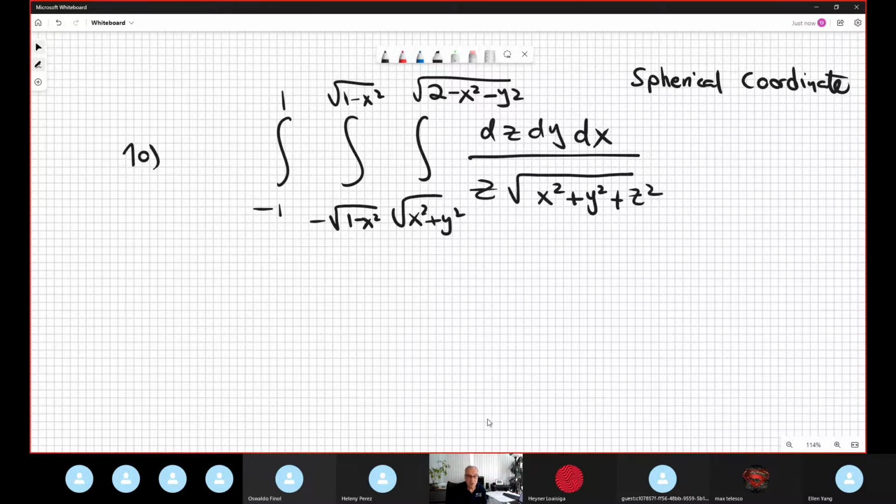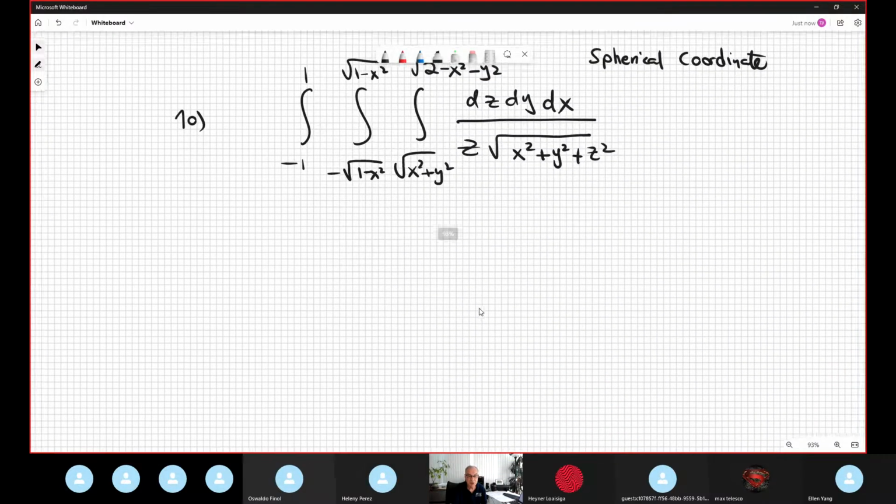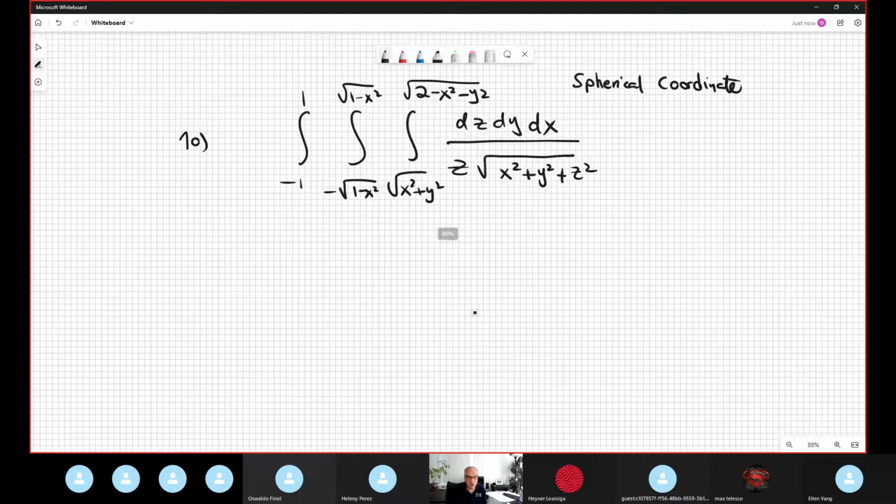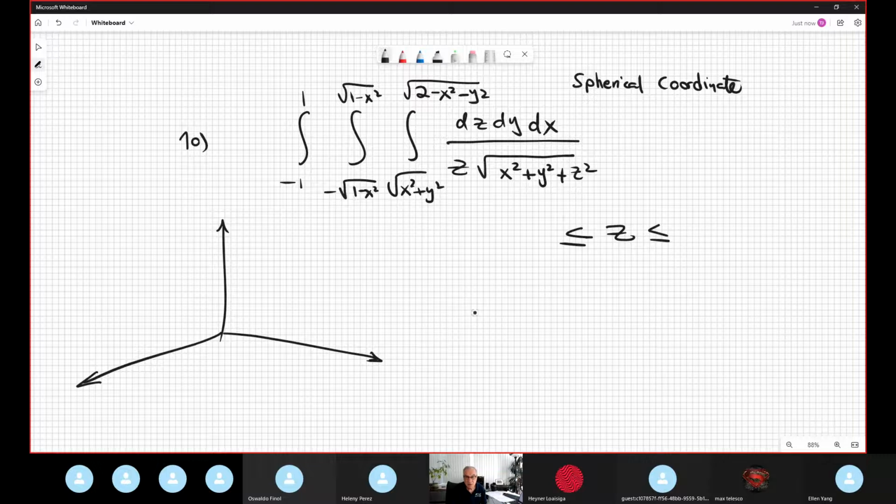First of all, I need to understand the solid and the projections. The solid is obvious, a sphere. This is exactly the same as the previous problem, the same solid. Not the same, similar.